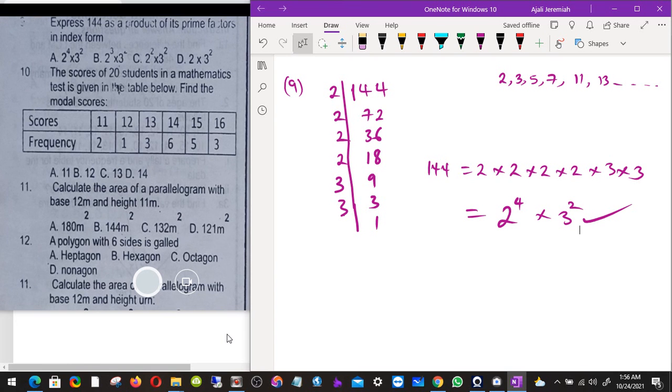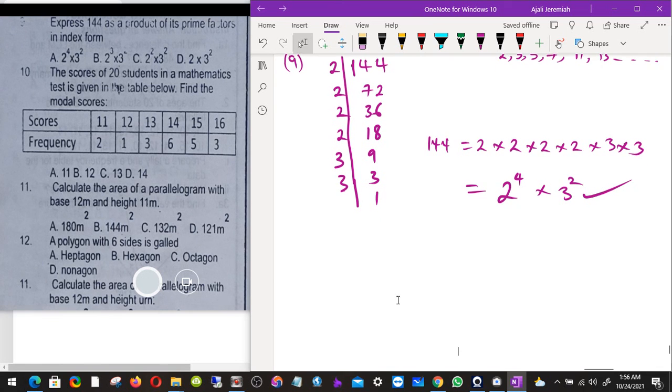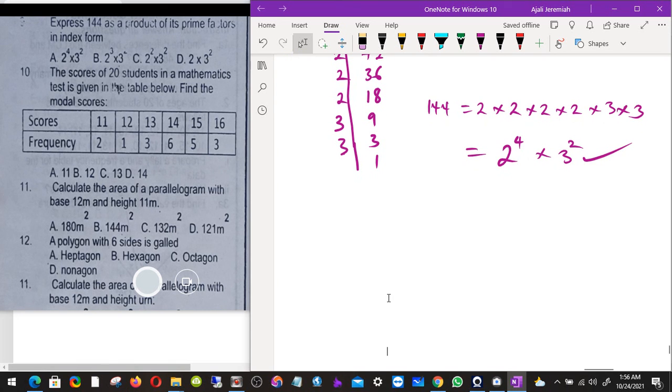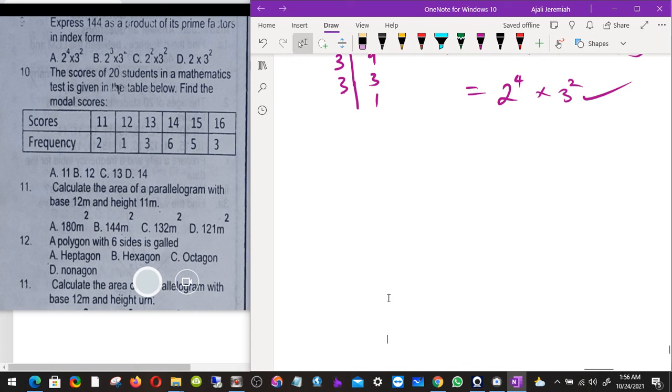Number 10 says the scores of 20 students in a mathematics test is given in the table below. Find the modal score. Okay, the modal score is simply the score with the highest frequency.